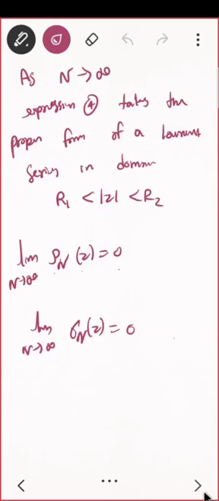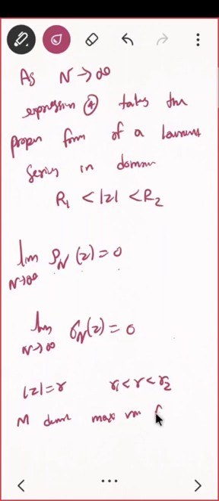Same as in the Taylor expansion we did. So mod z equal to r, and r1 is less than r is less than r2. Let m denote the maximum value of mod of f of s on c1 and c2.